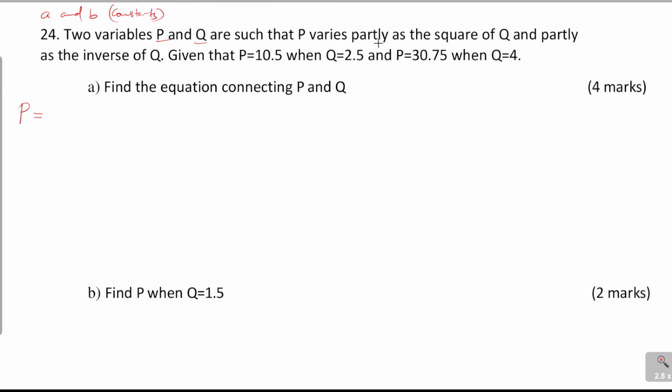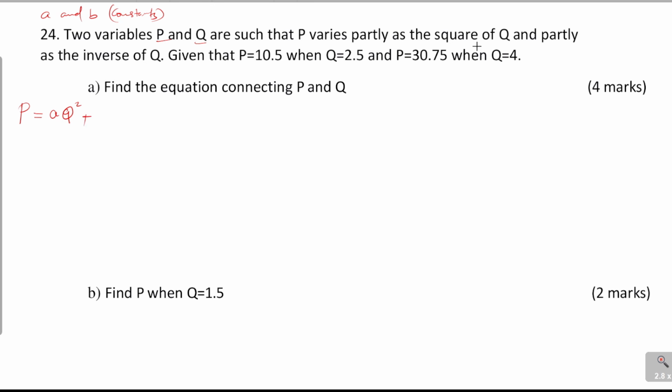So p varies partly as the square of q, so you have to introduce the constant first and then q is there. So p varies partly as the square of q is represented by that. You must involve the constant.